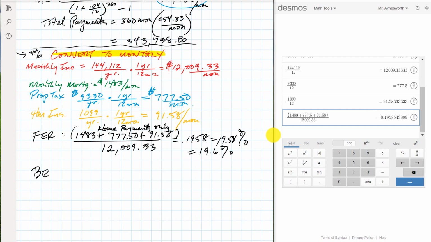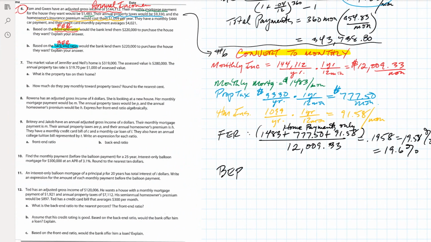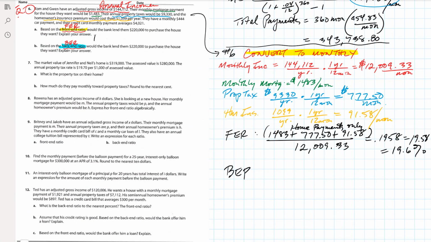Then we have to calculate the back end ratio. Before we do that, let me say something. The front end ratio is 19.6%. If you're less than 28%, you're good, and this number is less than 28%, so we satisfy that requirement.